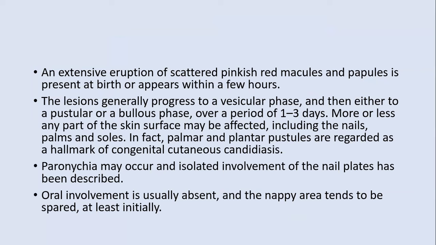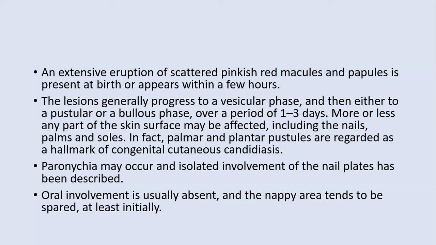An extensive eruption of scattered pinkish red macules and papules is present at birth or appears within a few hours. From these macules and papules, a vesicular phase sets in, characterized by pustular or bullous lesions in another 1 to 3 days. More or less any part of the skin surface is affected, including the nails, palms, and soles.